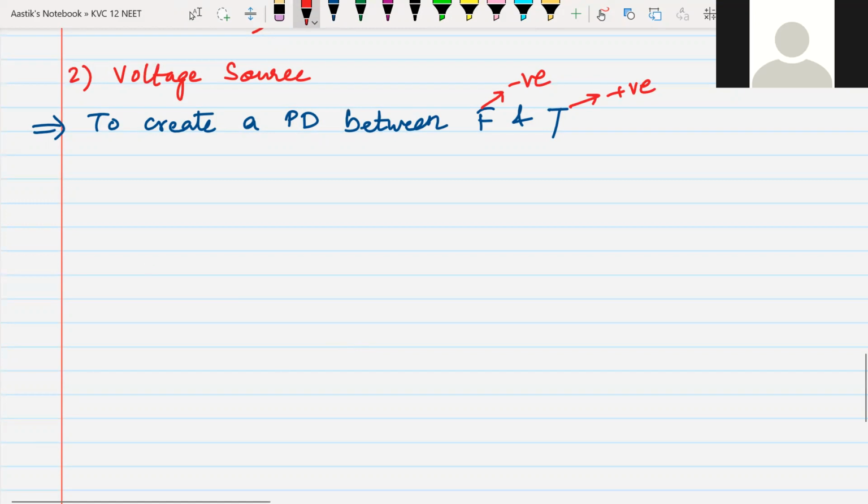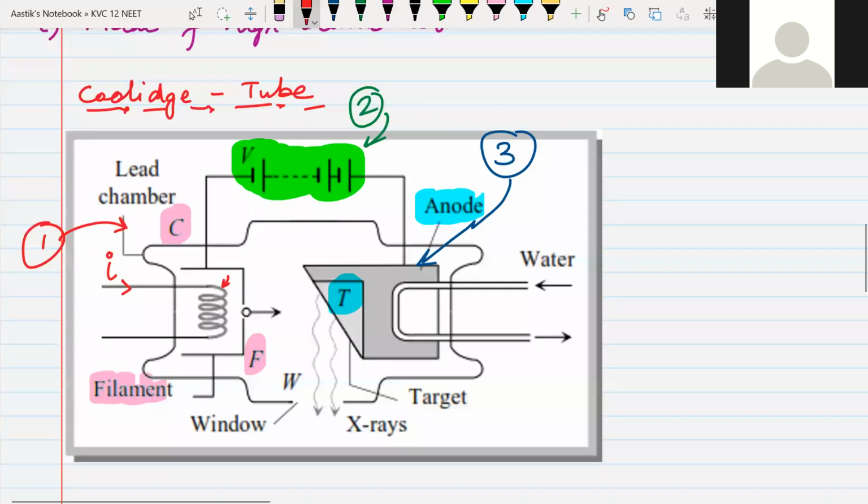You can also see it in this diagram. I hope everyone can see this. This green battery is the voltage source. It creates a potential difference between your cathode and your anode.